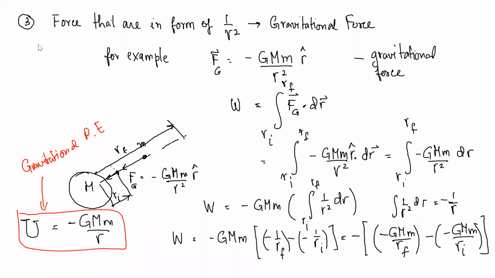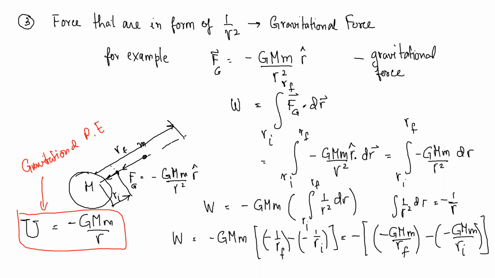And another form is the form that goes as 1 over r squared, for example, gravitational force. Well, this is actually the same as the gravity, but in that case we are assuming that we are near the surface of the Earth, where the radial component does not change much.